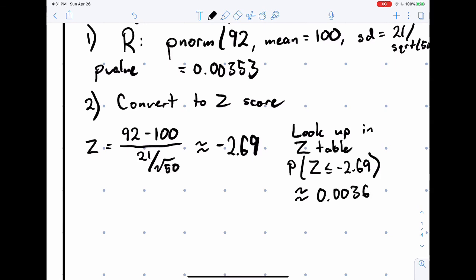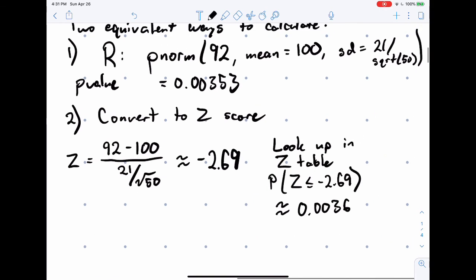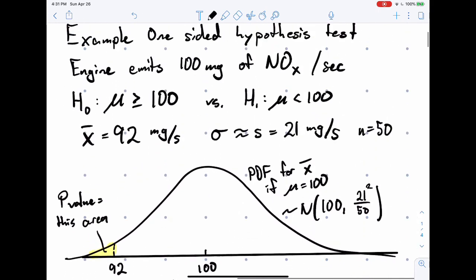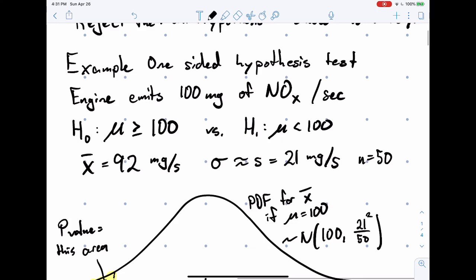Although, of course, the direct way of doing it without rounding is more precise in R. So anyway, there are both two ways to do it, and that's it. That's how you get the p-value. And that's how you phrase the hypothesis testing with the null and the alternative hypothesis.